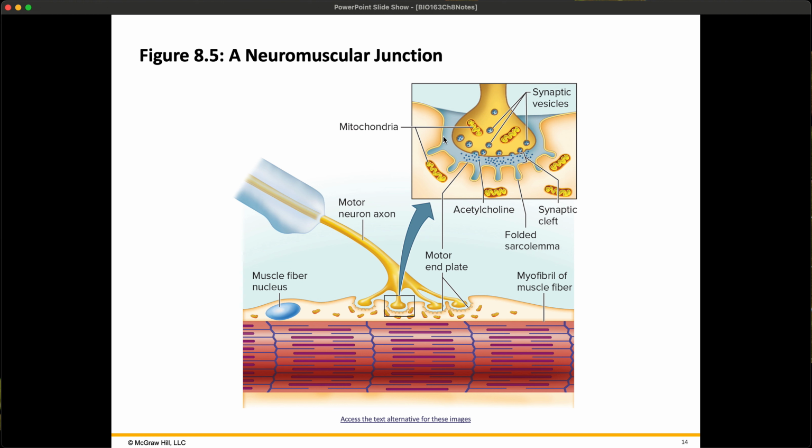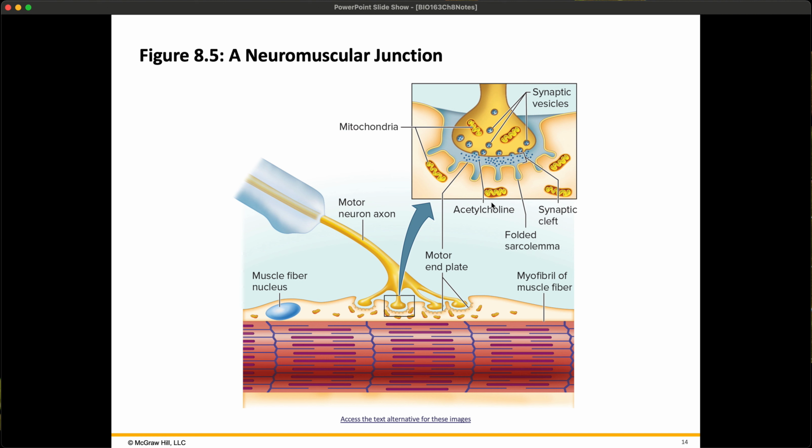Here's a picture of that. So you can see this is your motor neuron, mitochondria, and synaptic vesicles, and they're filled with that neurotransmitter. Once the electrical signal comes down the motor neuron, these synaptic vesicles start to bind with the membrane of the motor neuron. They're released, they release their neurotransmitter, and then you can see here's this motor end plate, this very tightly folded portion of the sarcolemma.